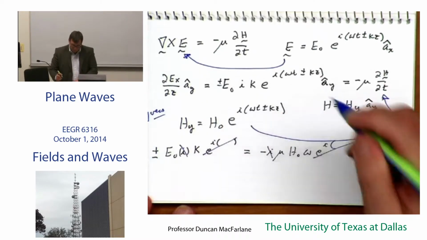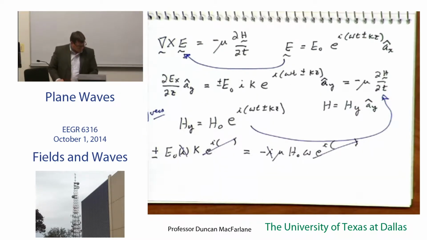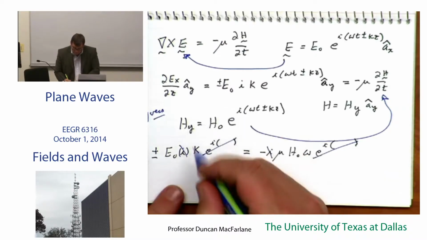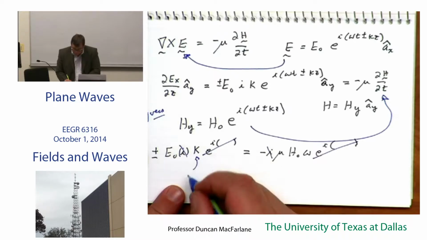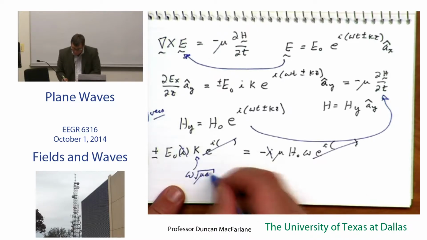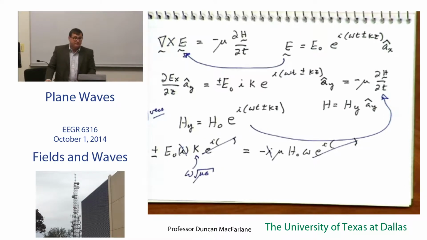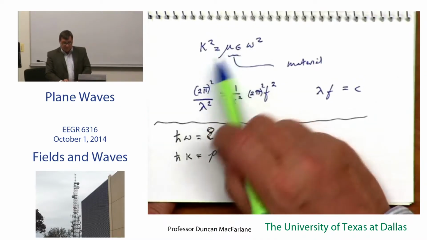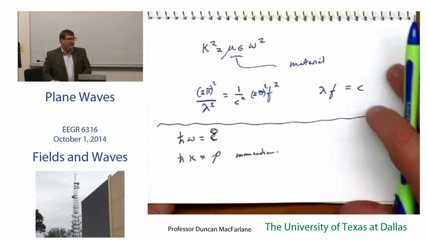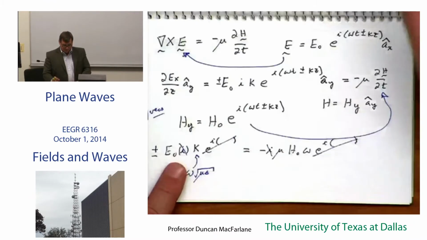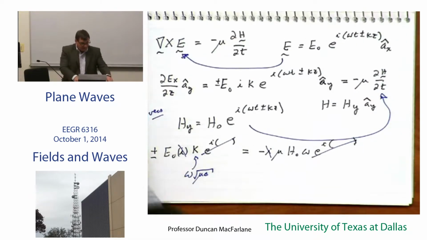The i's cancel. And I know actually what k is now, right? This k here is omega times the square root of mu epsilon, from the dispersion relationship. Take the square root of both sides, I get k is equal to square root of mu epsilon omega. So now my omegas cancel from both sides.